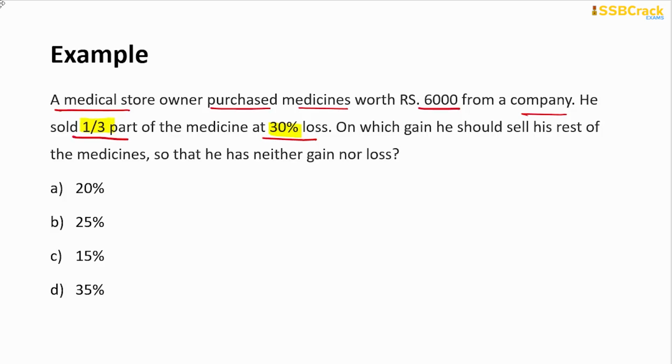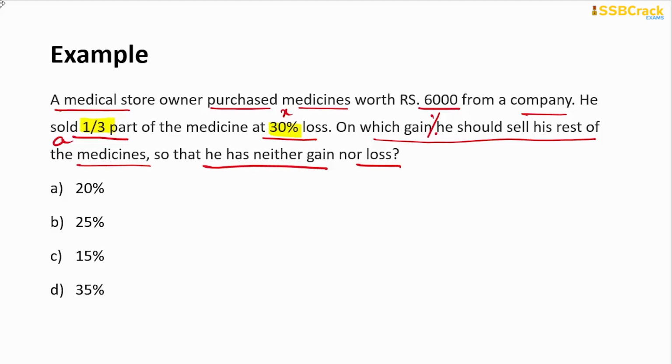That person has sold 1/3 part of the medicine, that is the value of A, right? And this 30% loss is the value of X. Now here it is mentioned: at what gain percent should he sell the rest of the medicines so that he has neither gain nor loss?